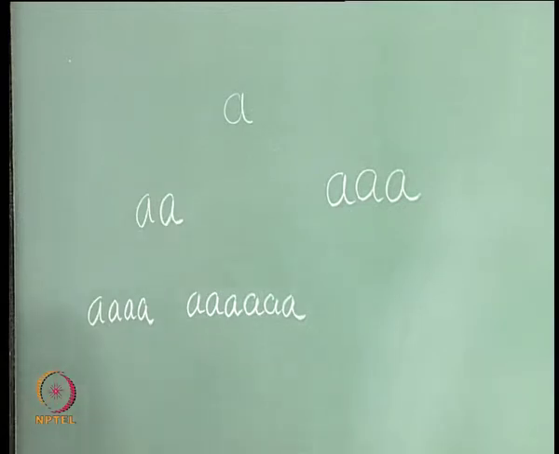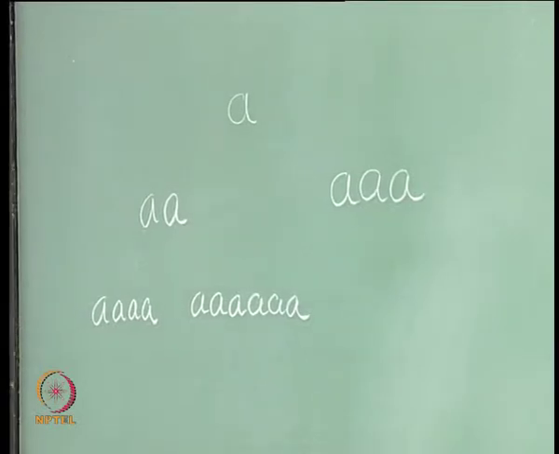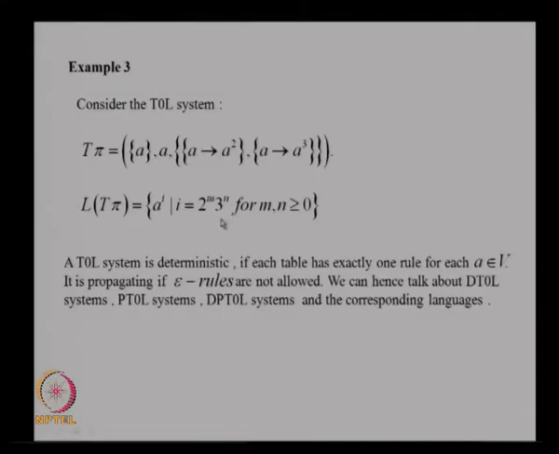So, if you look carefully, you will find that either the number of A's will be doubled in the next step or tripled in the next step. So, in general you will get a string of the form a power i, where i will be of the form 2 power m 3 power n. Again we can define deterministic systems, propagating systems and so on.